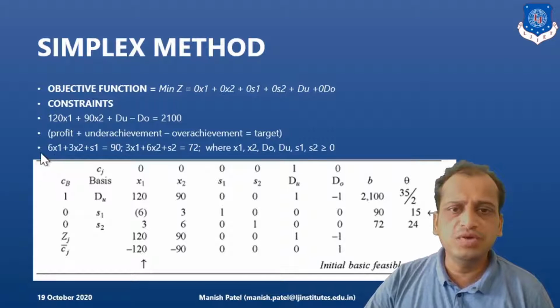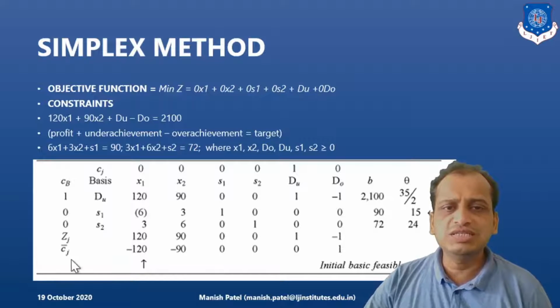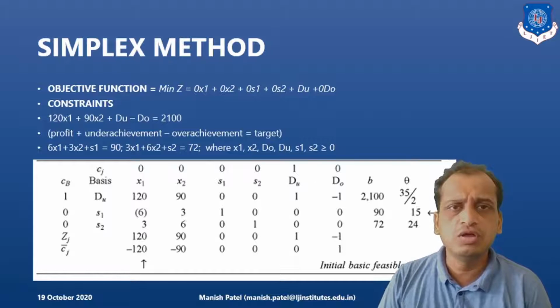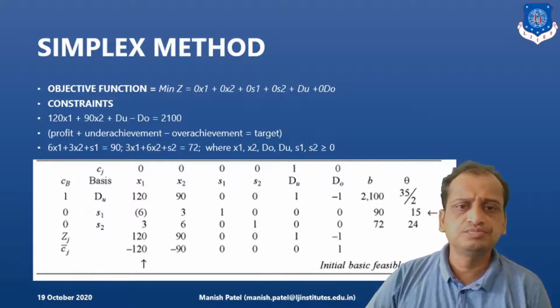In the same way, 6, 3, 1, 0 and the rest of them are 0 and 90. For the third constraint, 3, 6, 0, 1, 0 equal to 72. In the B section, we will write the RHS. This is the same simplex method I have introduced in previous lectures, and we will follow the same method so that we can achieve the optimal solution.